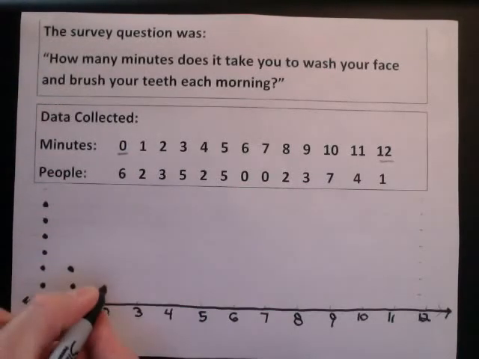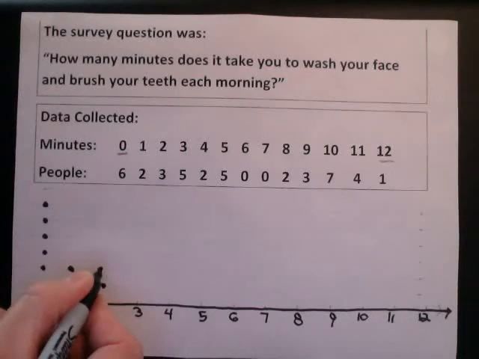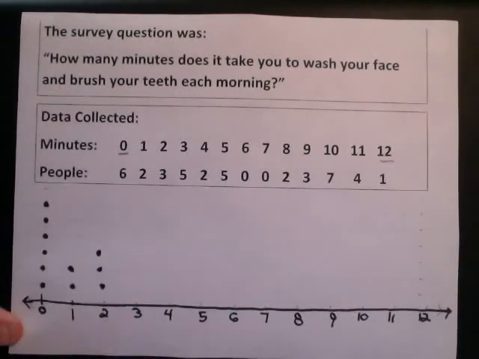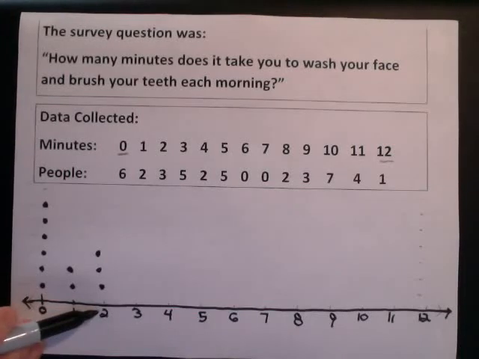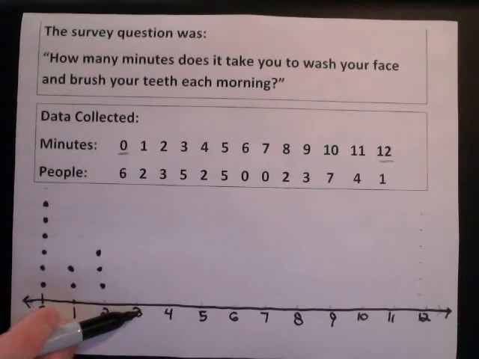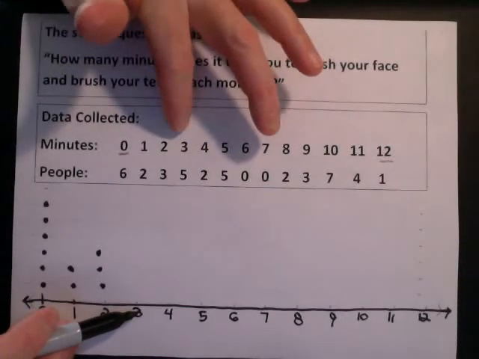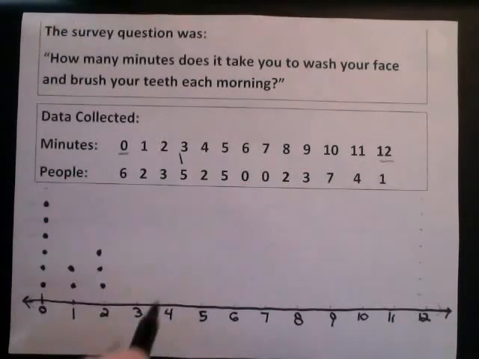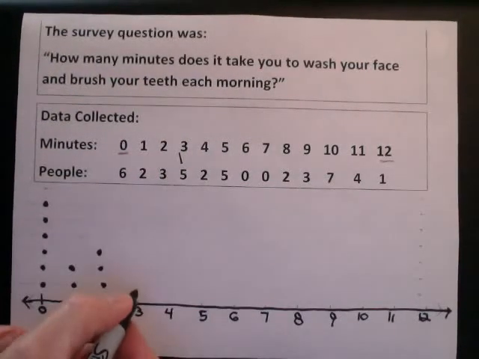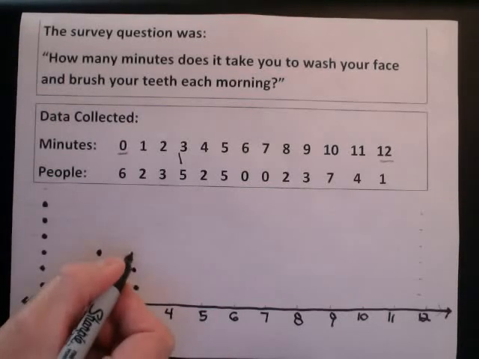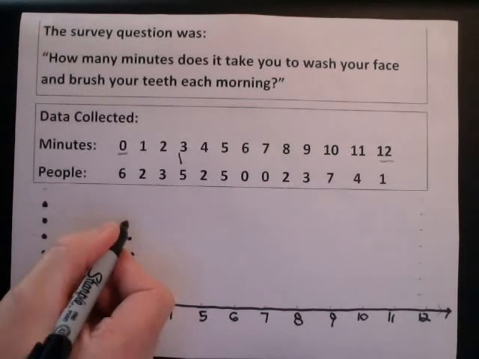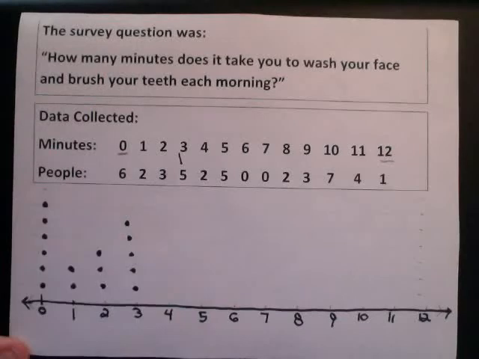So we would put 3 dots above 2 minutes. Okay? So you can see we have 1, 2, 3 dots above 2 minutes. Then we go on to 3 minutes, and you can see that we have 5 people who spend at least 3 minutes. So we're going to put 1, 2, 3, 4, 5 dots there.